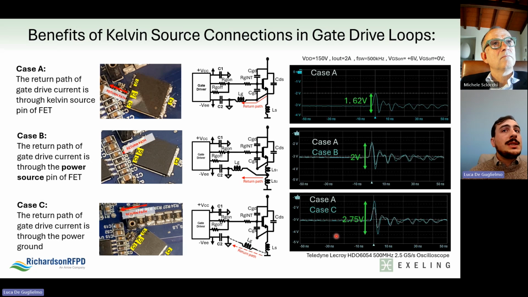Furthermore, in this particular case that I'm showing at the bottom, the negative spike exceeds the -4 volts, risking going beyond the device maximum ratings. In other words, Kelvin source is very effective in reducing parasitic inductance in the loop, and so the voltage spike.